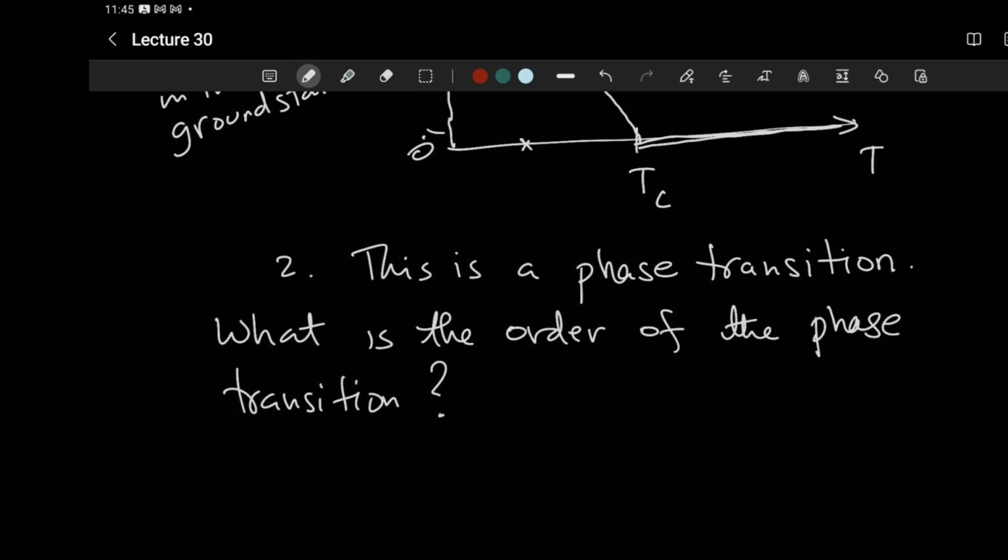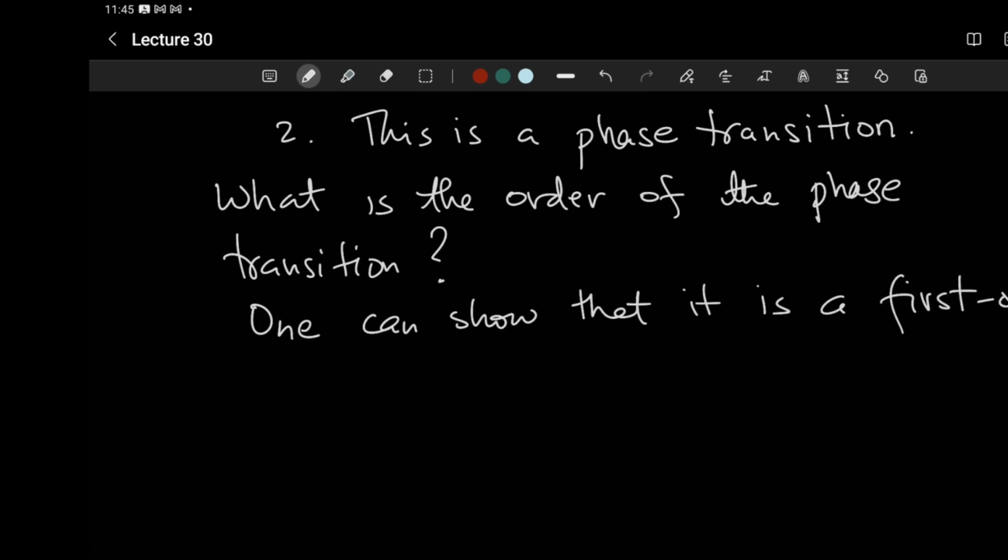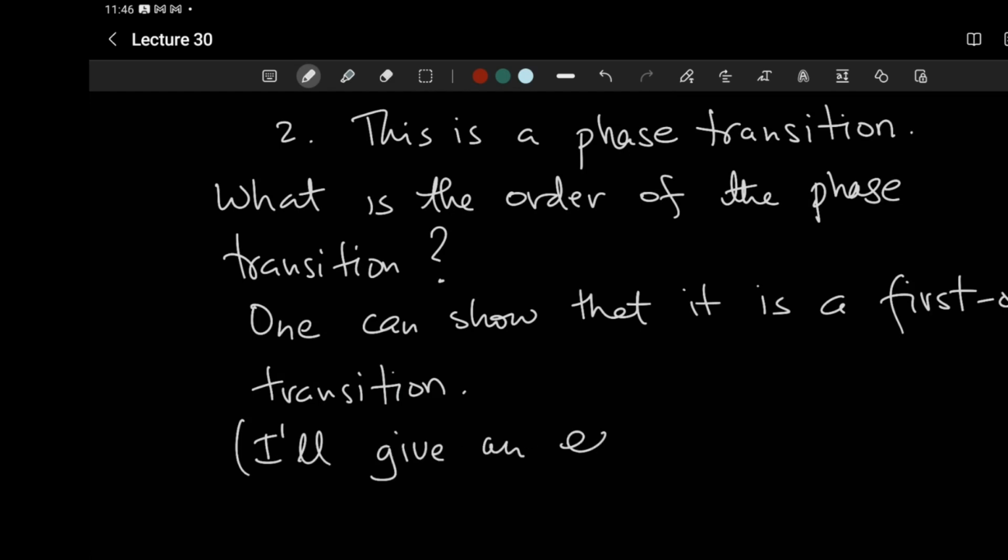It turns out that it's a first order transition. Maybe I'll give that in the next problem set.